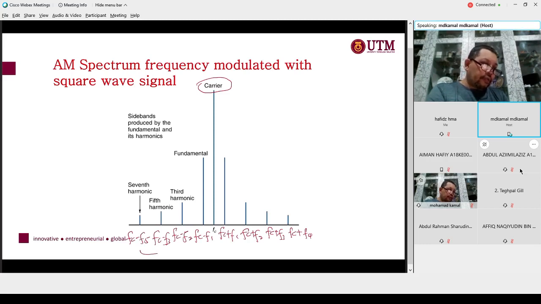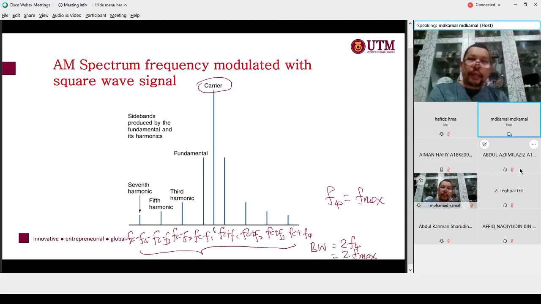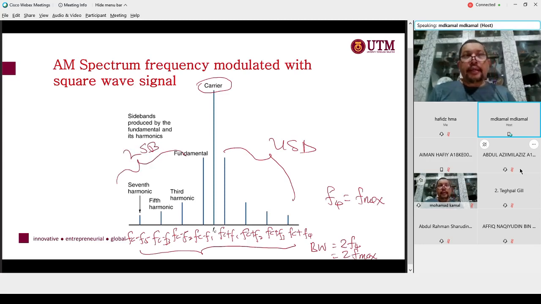If you want to find the bandwidth here, it is equal to 2F4, where F4 is equal to F max. So the bandwidth is 2 F max. This is what we call the upper sideband, and this is the lower sideband.